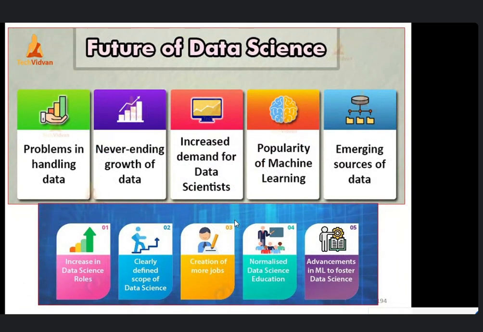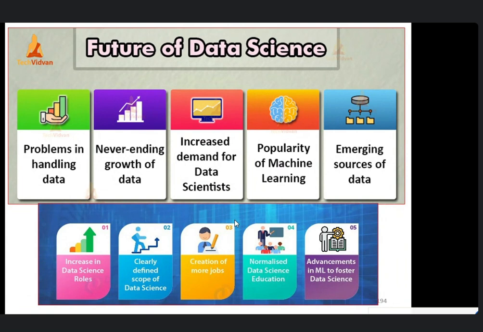Then the future of data science: problems in handling data, which we are still facing, never-ending growth of data in the future, increased demand for data scientists, popularity of machine learning and deep learning, and emerging sources of data.